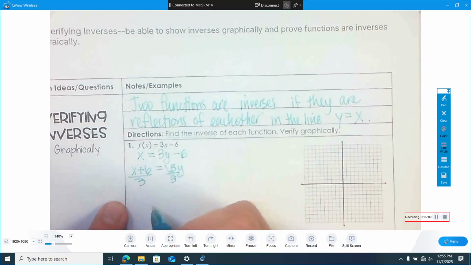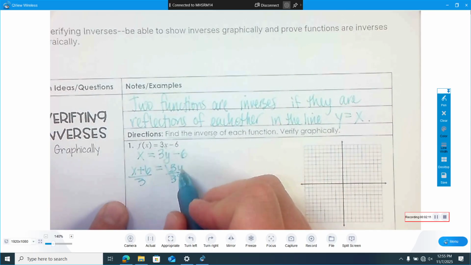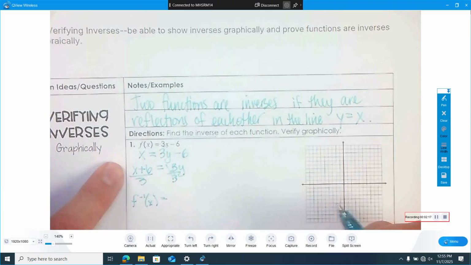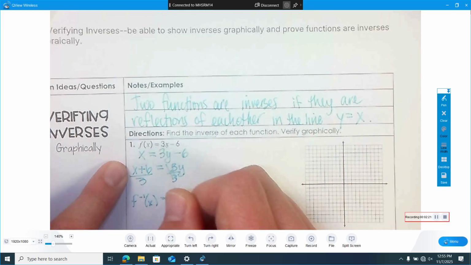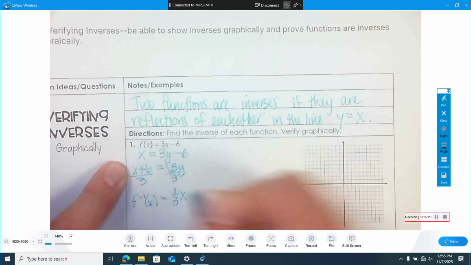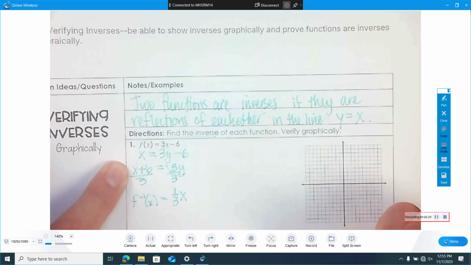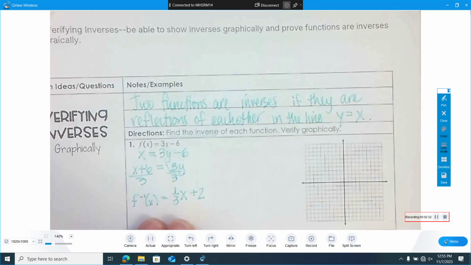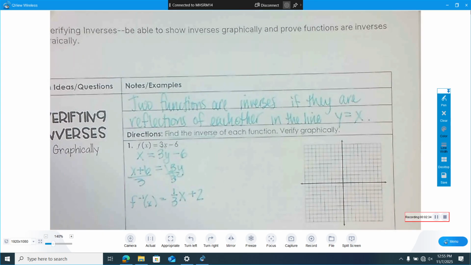So we get y equals, but I'm going to change it to f inverse of x equals x plus 6 over 3. I'm going to clean that up a little bit, and write 1/3 x plus 2. Can I write 1/3 x instead of x over 3? Is it the same thing? Yeah. I'm writing it in this form simply because it's easier for me to graph.